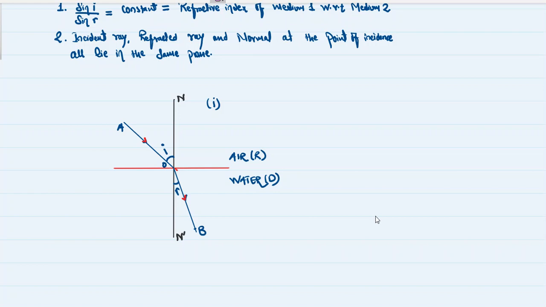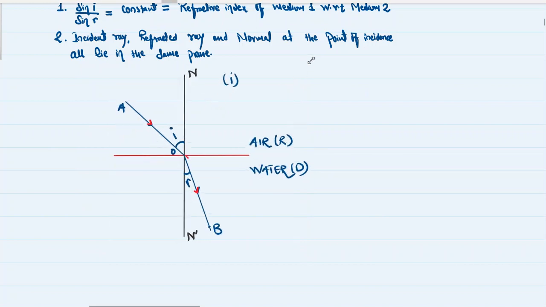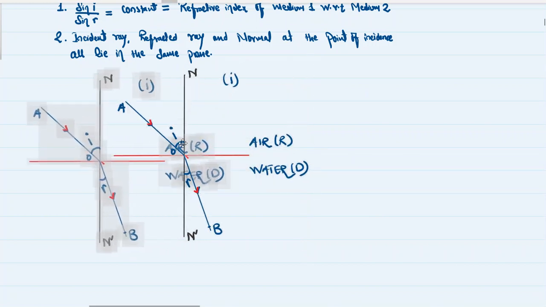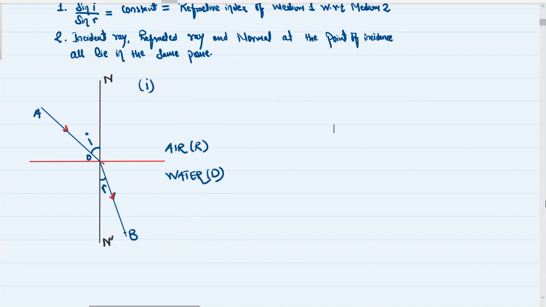This is what refraction looks like. Refraction is bending of ray of light. Now here, can you see the angle of incidence, I, and the angle of refraction, R? Here, what they mean to say is the refractive index.